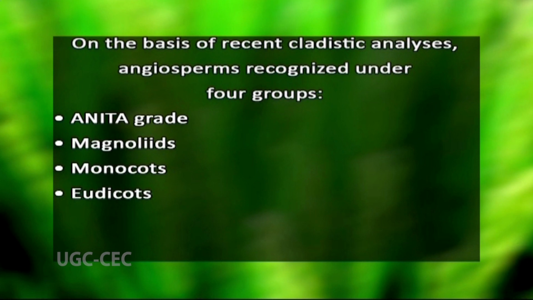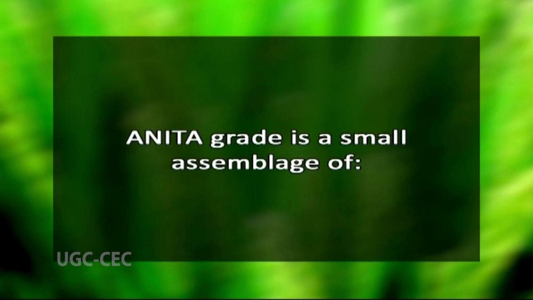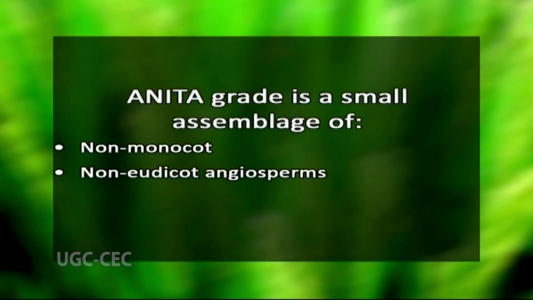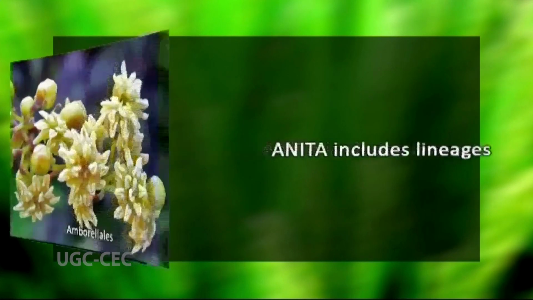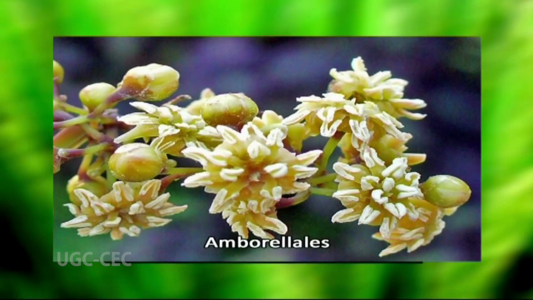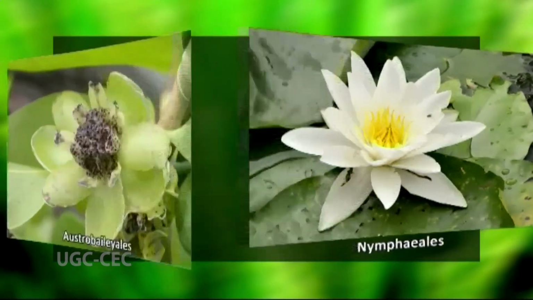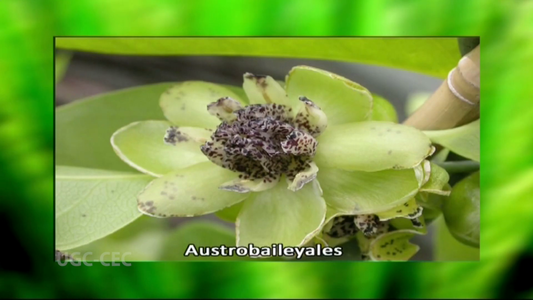The first one is the ANITA grade. It is a small assemblage of non-monocot and non-eudicot angiosperms, that means they are outside of monocots and eudicots. This ANITA grade includes lineages such as Amborellales, Nymphaeales, and Austrobaileyales.